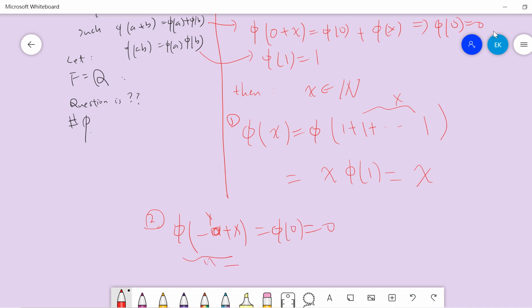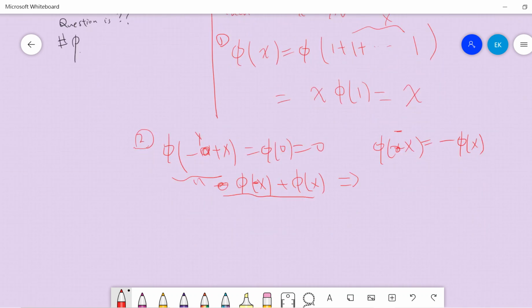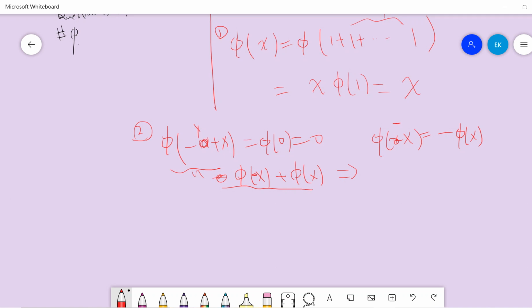But phi of minus x plus phi of x is the same. So phi of minus x is equal to minus phi of x. So this tells you that for a negative integer it is just the negative sign of the positive integer.